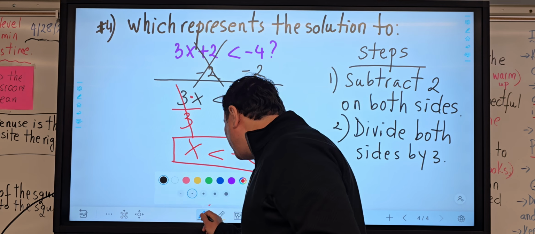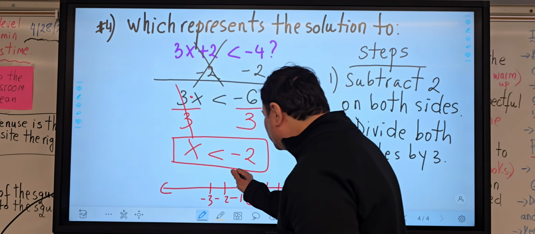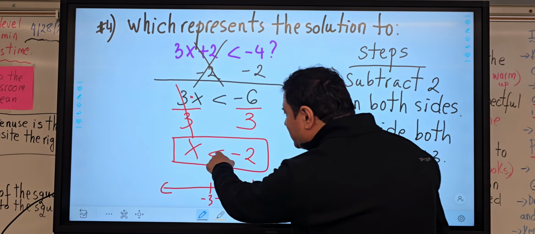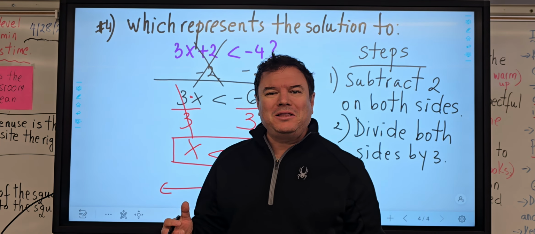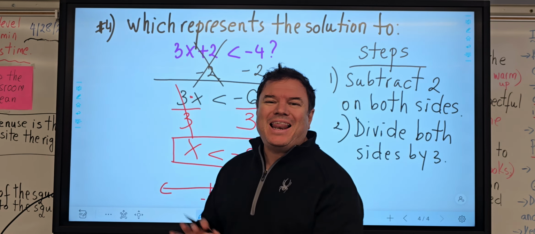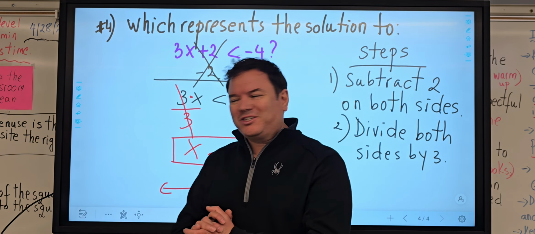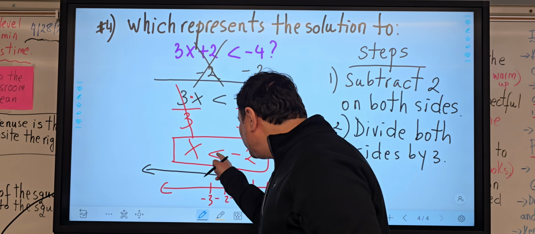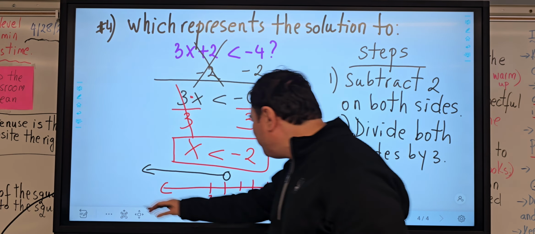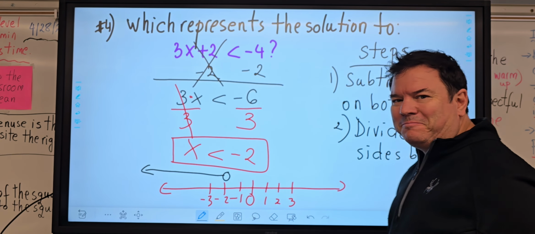On this number line, we go to negative 2, and it is an open circle because this is only less than, which means negative 2 is not included in the answer, but all the numbers less than negative 2, all the way to negative infinity, are the answer. So we go to the left following this arrow, and that is the graph of the answer on the number line.